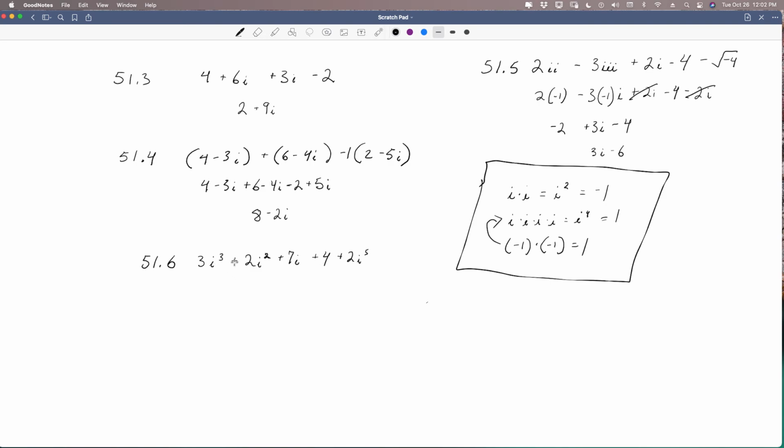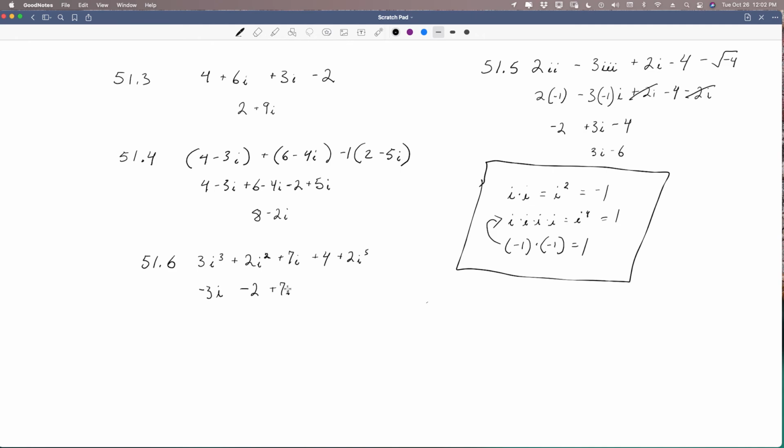All right. So in looking at this, I see automatically that i squared is going to be negative 1. So 2 times negative 1, that's going to become a negative 2. Okay? And I have 3i cubed. So if I take i squared out of here and multiply it times 3, that becomes negative 3i. 7i, I can't do anything with it.